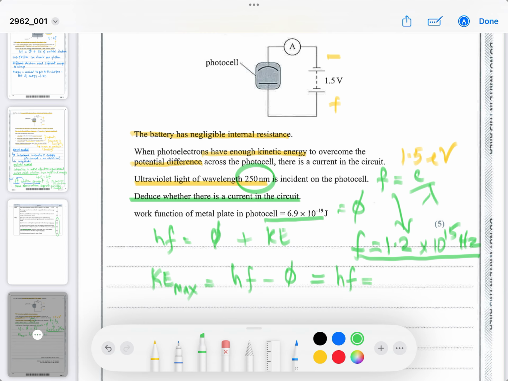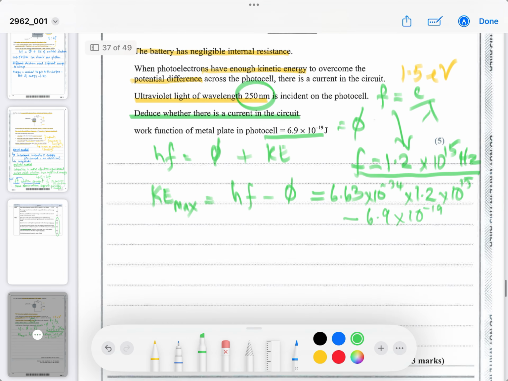Let's do it properly. So hf is going to be equal to 6.63 times 10 to the minus 34, multiplied by this frequency, 1.2 times 10 to the 15. And then you take away the amount given for the work function, which is in the question, 6.9 times 10 to the minus 19.